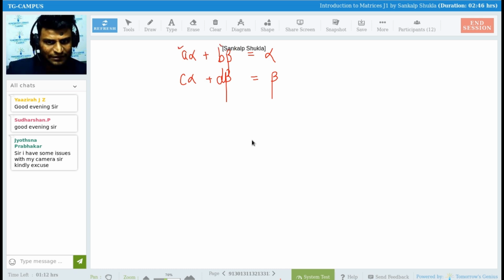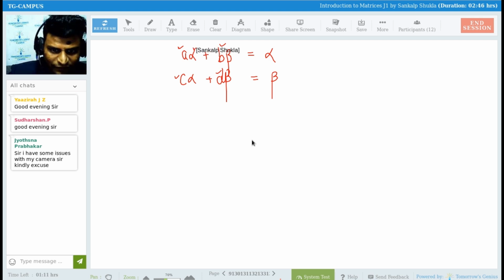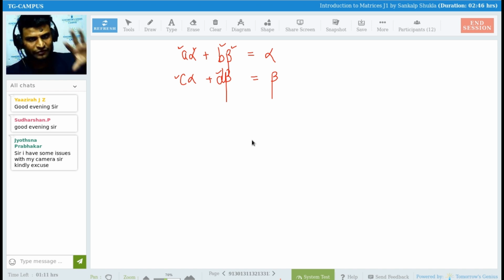I can see A, B, C, and D are four variables of the same family, and then alpha and beta are from a different family. So you have to keep the two families along. If A alpha is there, B beta is there, you somehow need to separate alpha from A and beta from B, because all the like variables will be on one side and all the unlike variables will be on the other side.